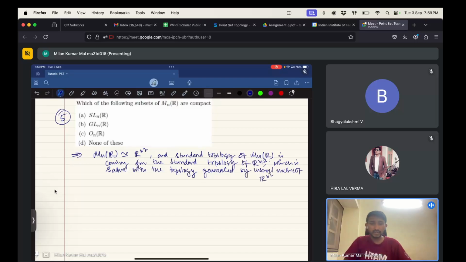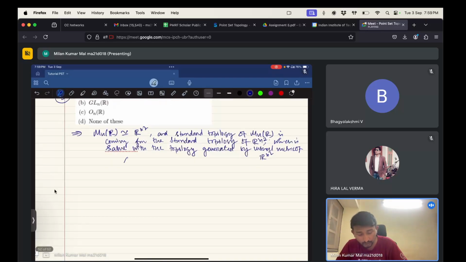So that means we have the distance formula. If I have a point (a1, a2, ..., an square), then the norm of this is the square root of the summation of ai square. This will be used.